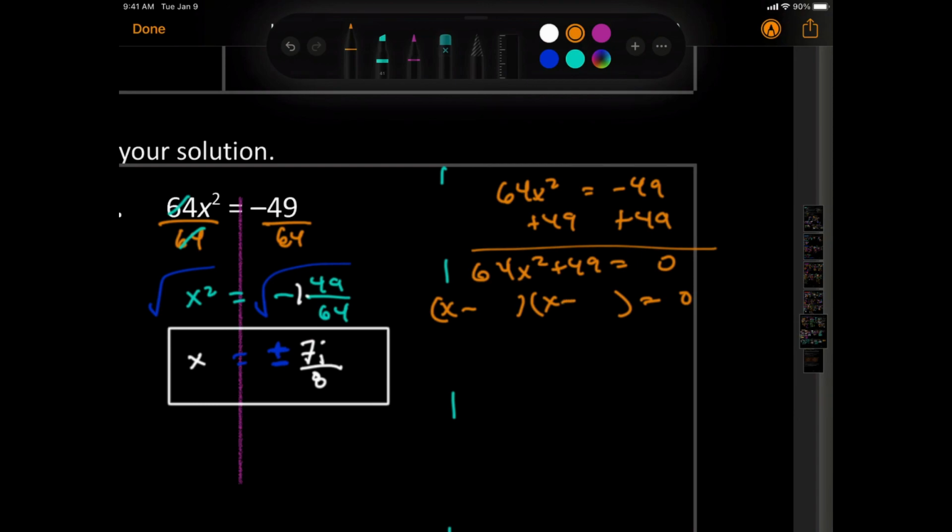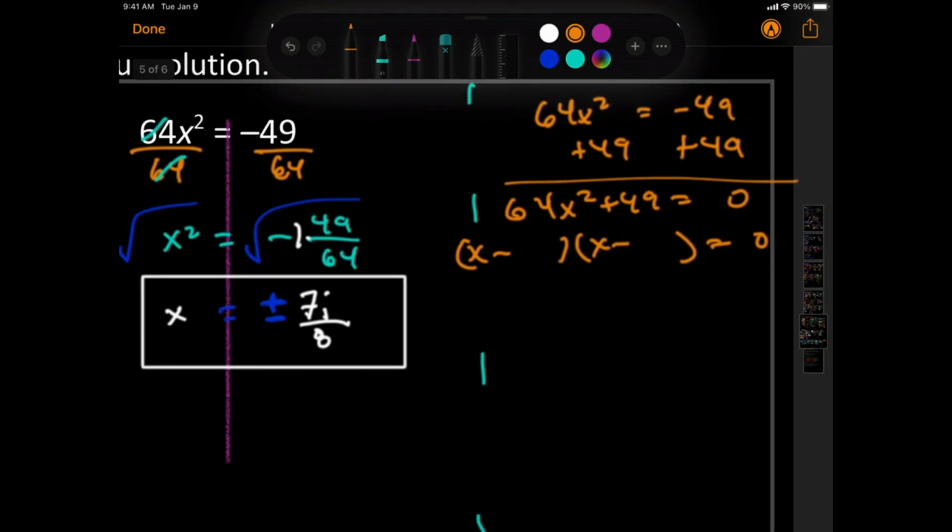And remember, when I'm doing this, this is not the difference of squares formula. This is the factored form, which is the whole lesson. So in this white box, I have positive 7i over 8 and negative 7i over 8. Let's go ahead and clean this up.